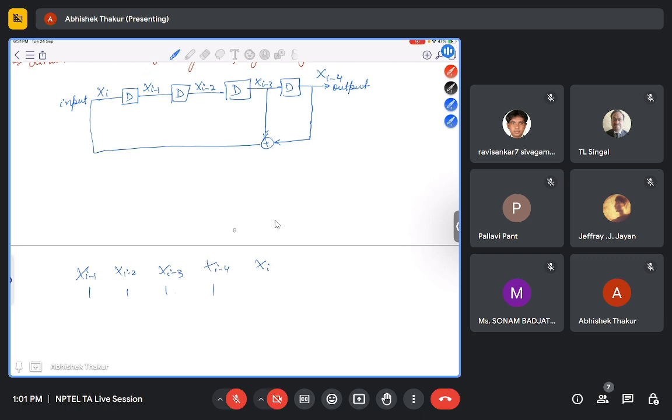So here the XOR of xi minus 3 with xi minus 4 is equal to xi. This will become 0, because XOR of 0 0 is 0, XOR of 0 1 is 1, 1 0 is 1, and 1 1 is 0.